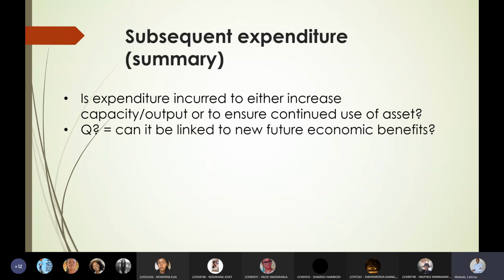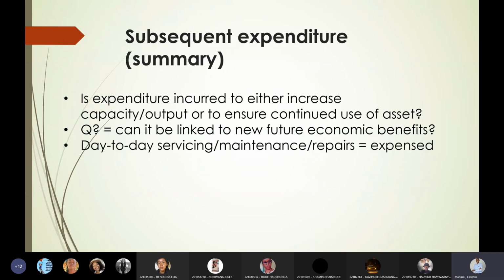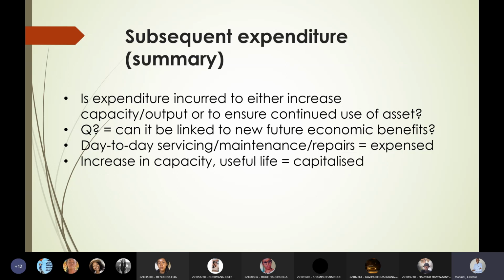You also have to ask yourself, can it be linked to new future economic benefits? If the expenditure is of a day-to-day servicing or maintenance or repair nature, then that expenditure needs to be expensed. However, if it increases the capacity or the useful life of a property, then it's going to be capitalized.